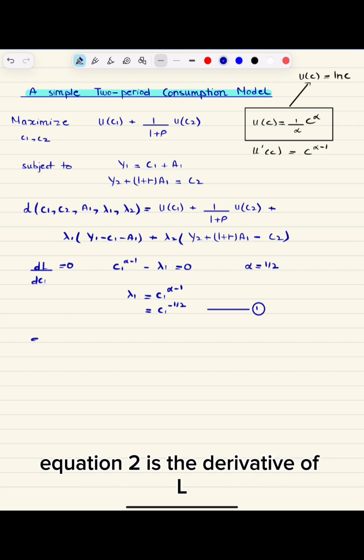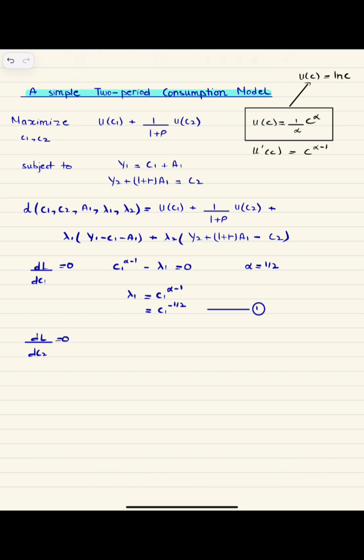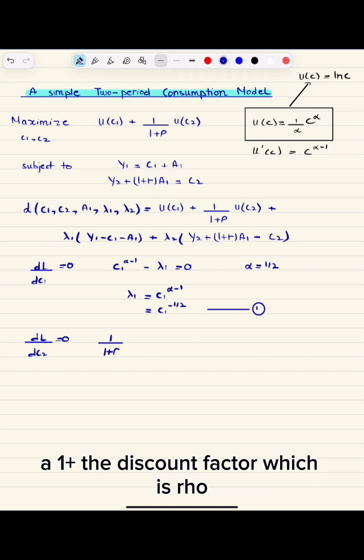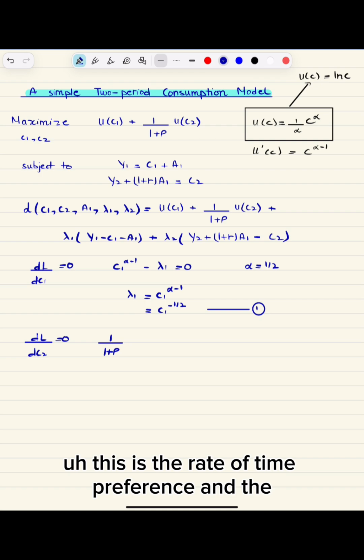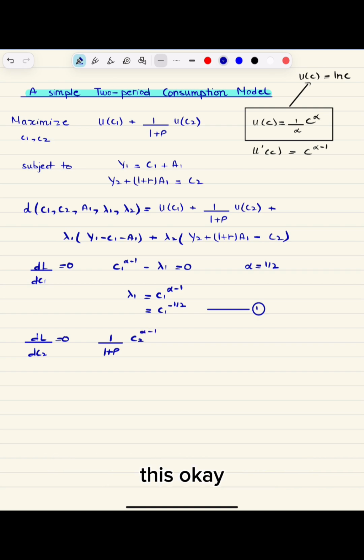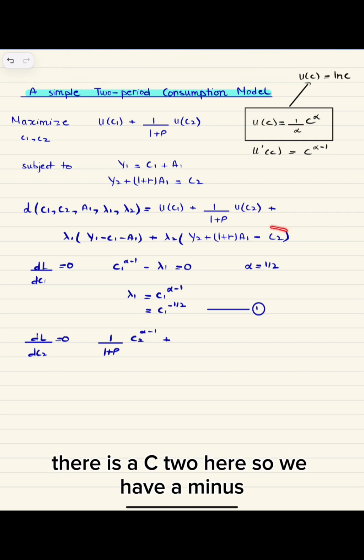Equation 2 is the derivative of L with respect to C2, and we put it equal to 0. There's no C2 here, there is a C2 here. So 1 over 1 plus the discount factor, which is rho. This is the rate of time preference, and the derivative with respect to C2 is just going to be this. Plus, there's no C2 in this expression, there is a C2 here.